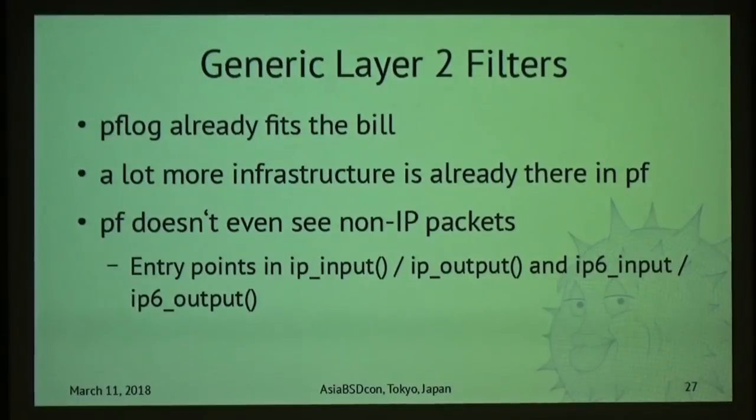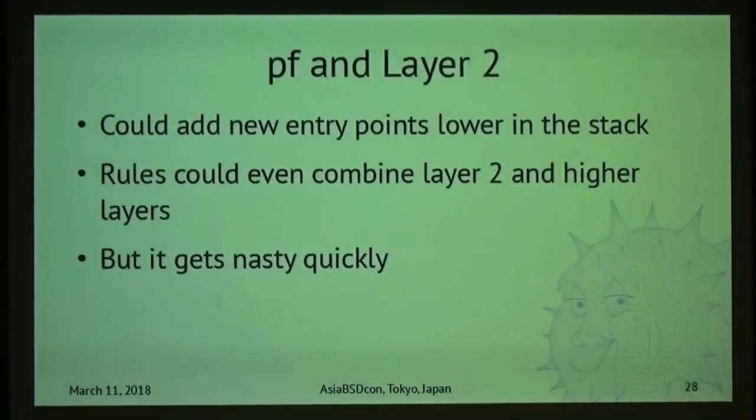However, PF doesn't even see packets that are not IP because the entry points to PF in OpenBSD and in all the other systems that inherited it are ip_input and ip_output. So that's IP packets, not Ethernet frames, and not non-IP Ethernet frames.